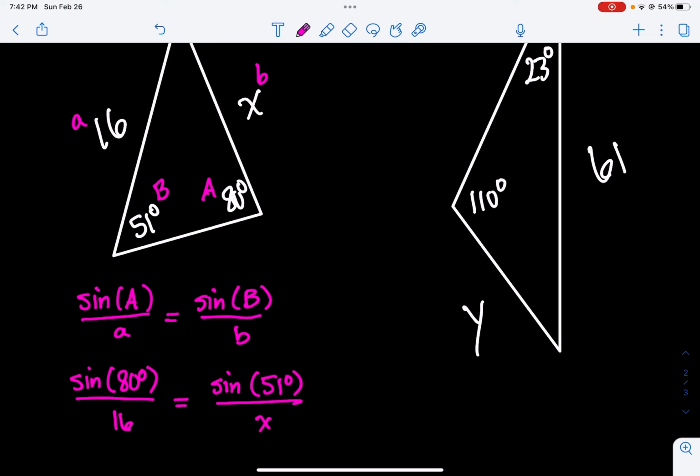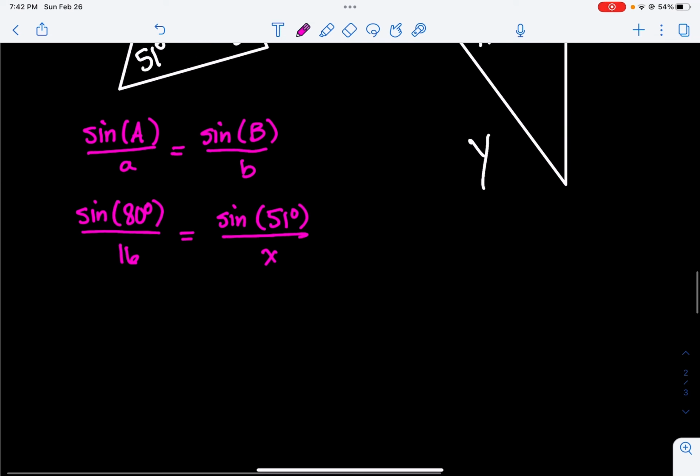And now we have an equation where we can solve for x. You could take the reciprocal of both sides. I'm going to save the calculator stuff for the very end.